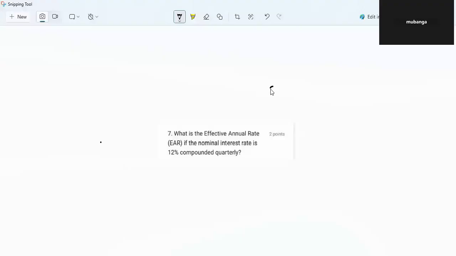So we look at the question. It says, what is the effective annual rate, EAR, if the nominal interest rate is 12% compounded quarterly?